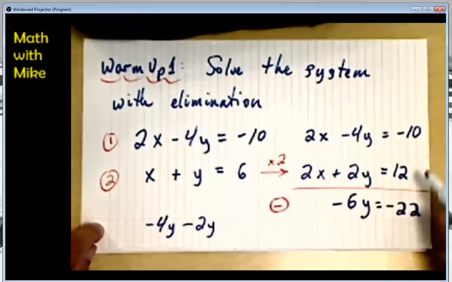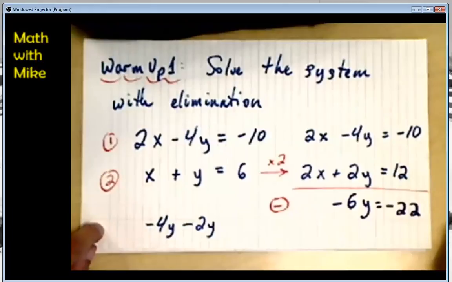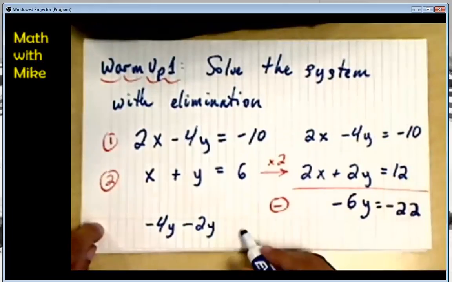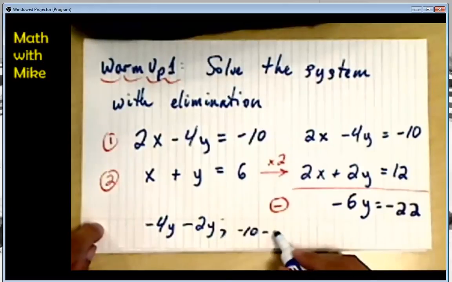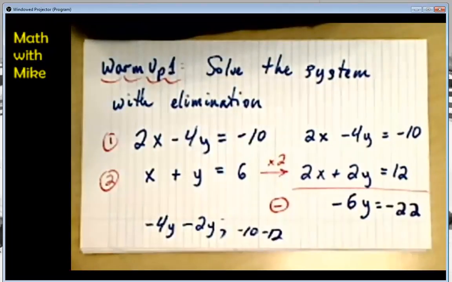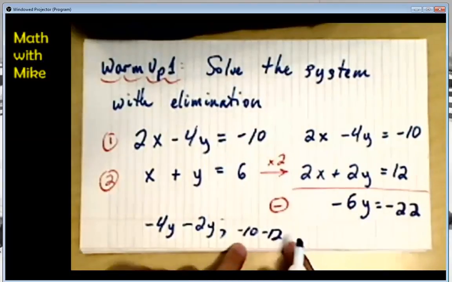Minus 22. Oh yeah, 22. Write it up to the side. 10 plus 2, minus 10, subtract 12. See? So you get minus 22.